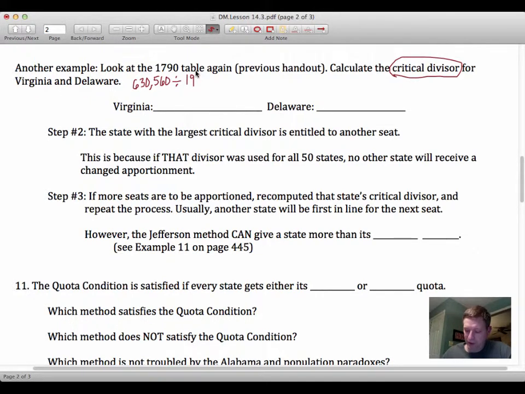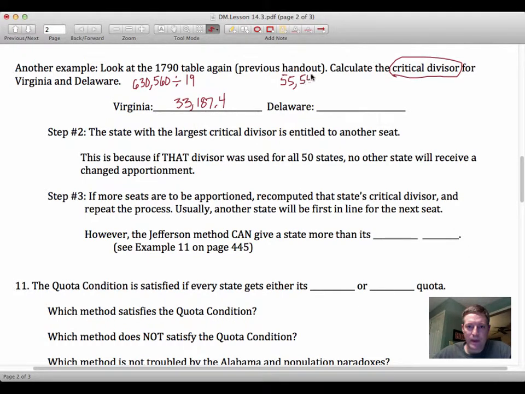So if you type that into your calculator, 630,560 divided by 19, Virginia's critical divisor is 33,187.4, roughly.